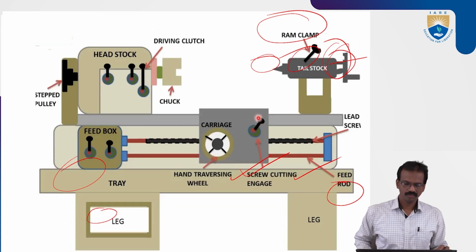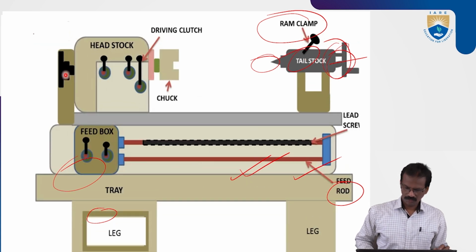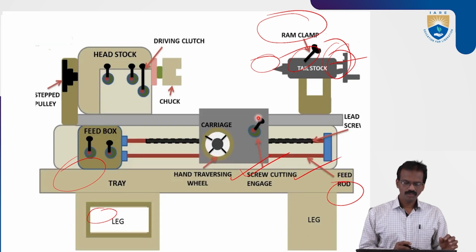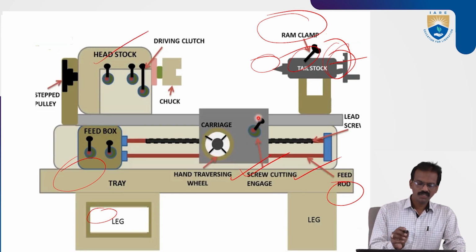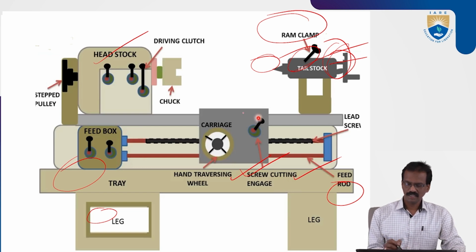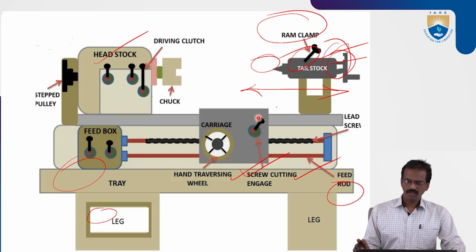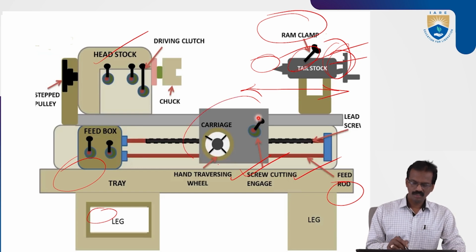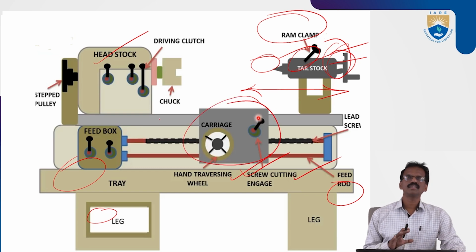Okay, next. In the middle, this is the headstock and this one is the tailstock. The headstock is fixed on the left side, and the tailstock moves on the guideways, forward and backward, with longitudinal movements. In between there is a part, that is the carriage.